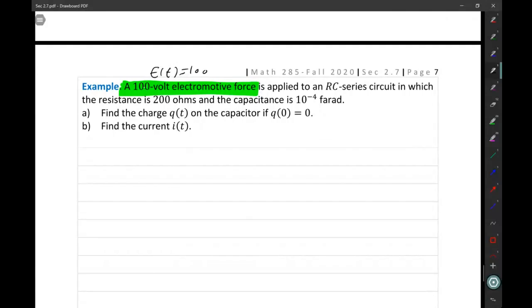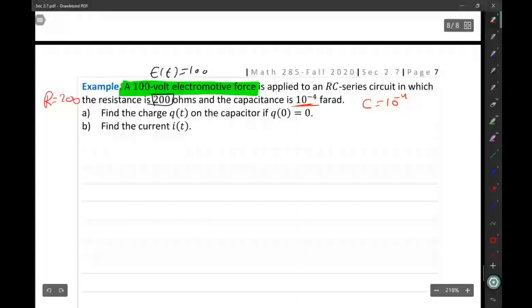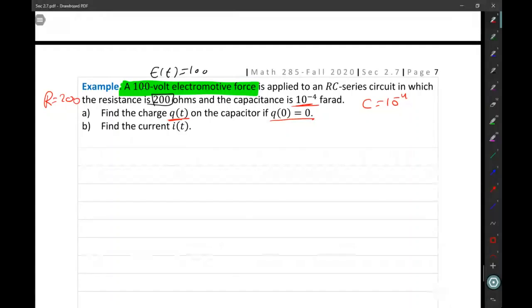The resistance R is 200 ohms, and the capacitance C is equal to 10 to the power minus 4 farad. The question says find the charge Q of t on the capacitor if Q of 0 is equal to 0, and find the current I of t.